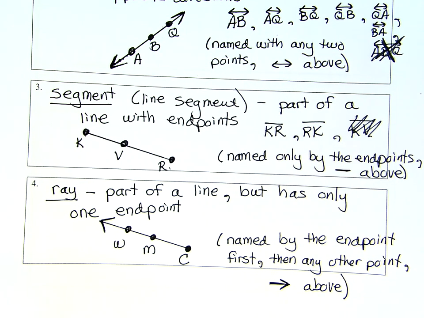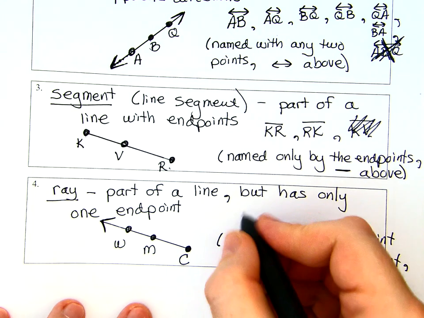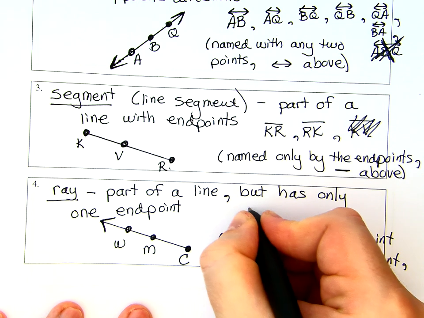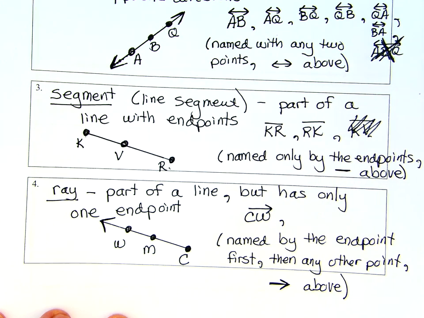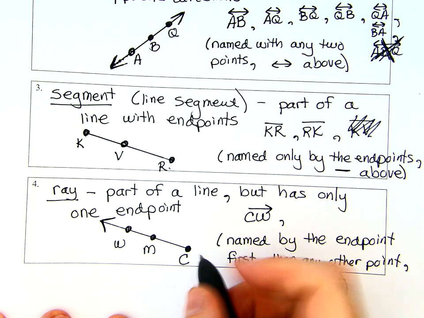Named by the endpoint first, and then any other point with one of those things above it. C, W, with my ray symbol above it. By the way, that symbol is always going to point in that direction, even though my ray is going the other side, doesn't matter. The symbol always points towards the windows. There's another name. CM, endpoint.